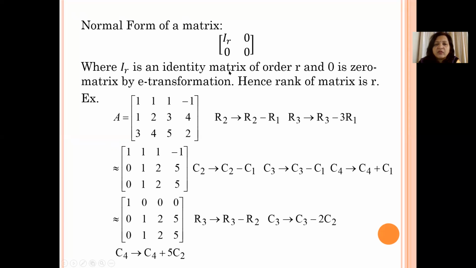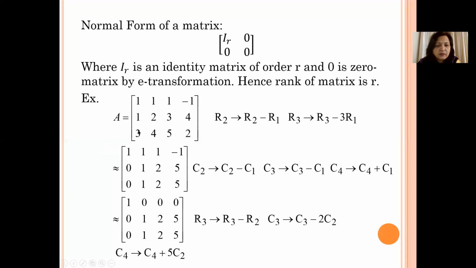So to convert any matrix to normal form, we apply elementary operations to convert the matrix into the form containing the identity matrix and at other positions only 0 elements or 0 matrix. And if we get the matrix in normal form, then the rank of the matrix will be the order of the unit matrix that we obtained here. So let us see an example on this.